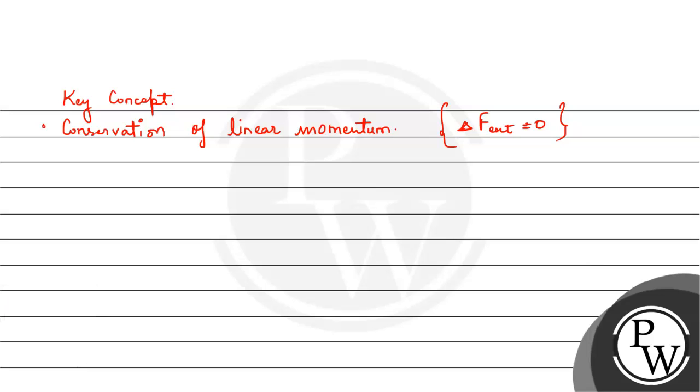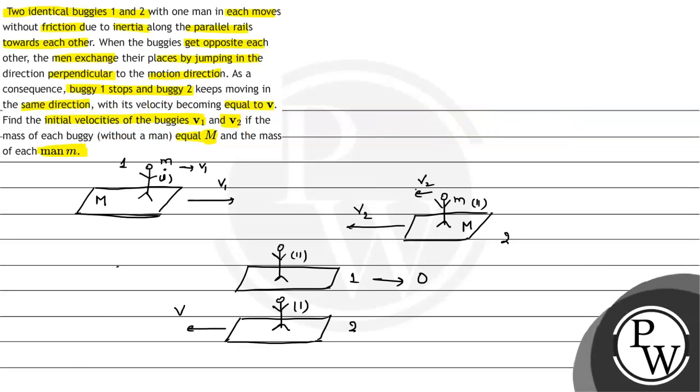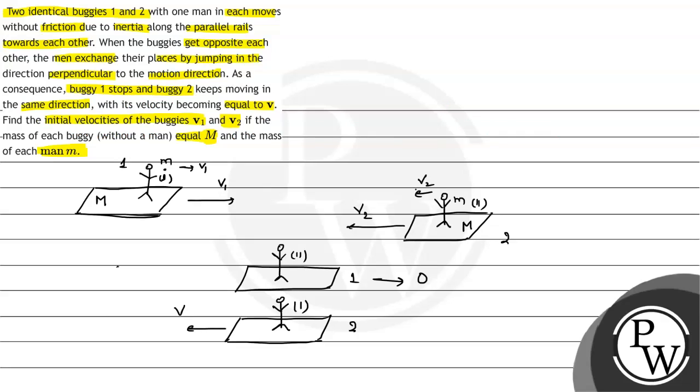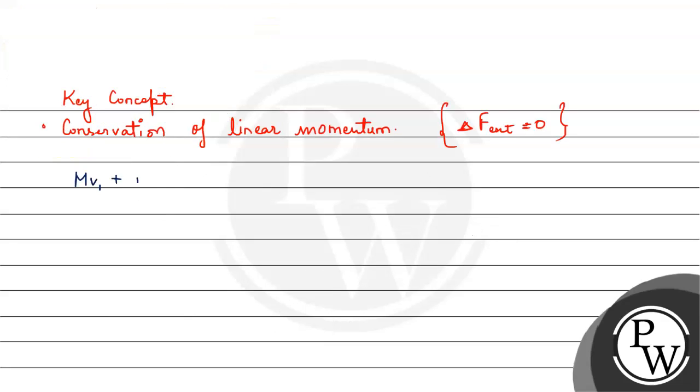So let's first conserve the momentum for buggy 1 and person 2. For buggy 1 and person 2, buggy 1's initial momentum was capital M v1 and person 2's initial momentum was small m into v2 with a negative sign, because v2 was in the negative direction. So this is the initial momentum of buggy 1 and person 2.